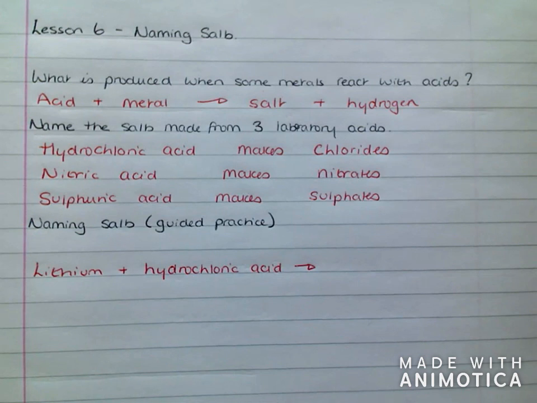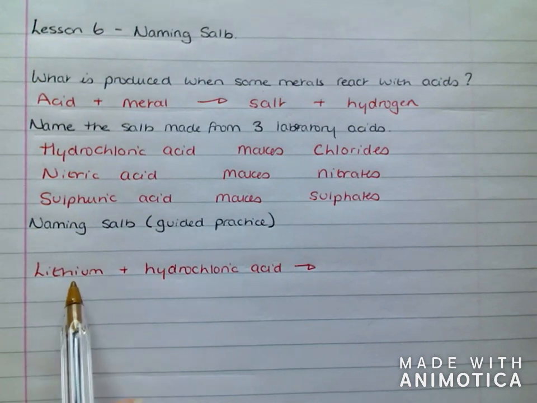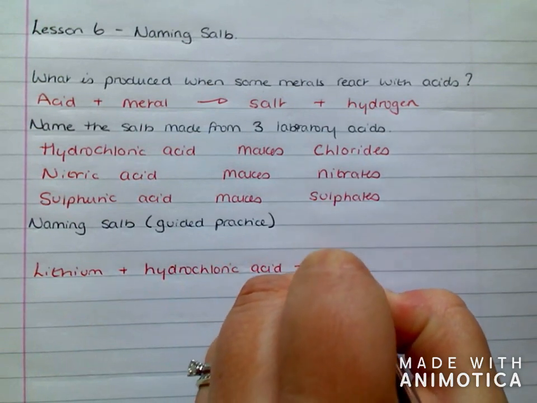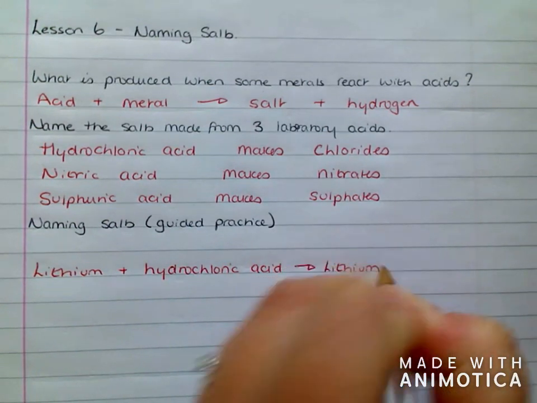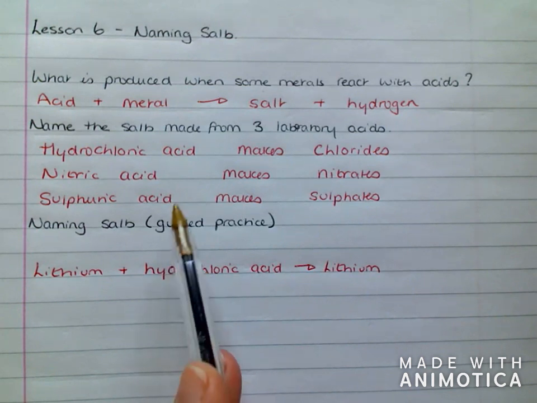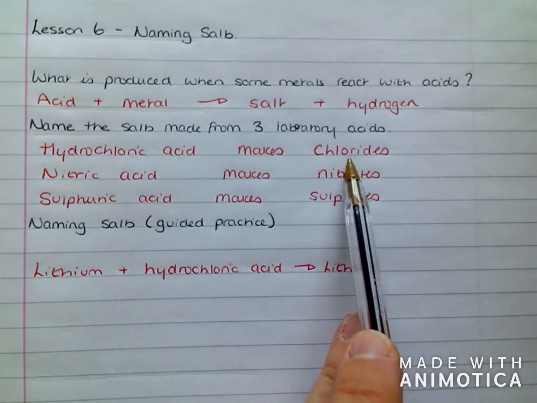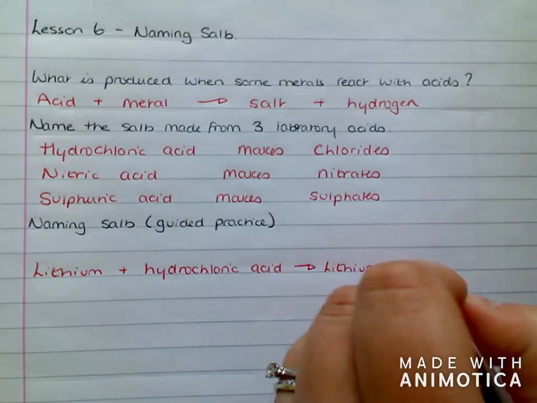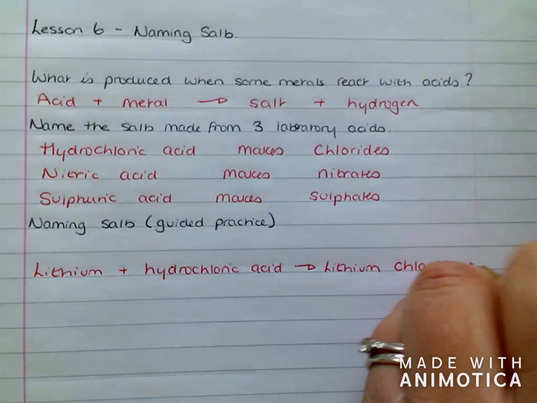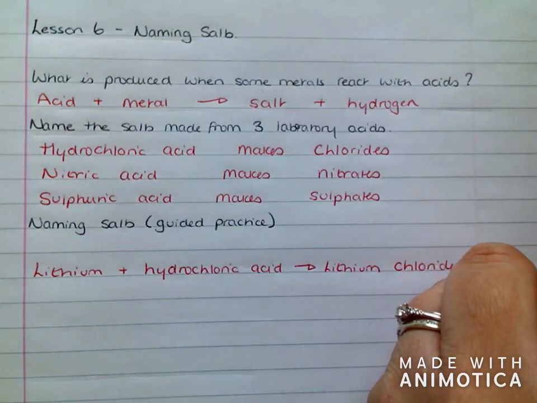But this time I've got to actually name the salt. Now, we always start with the name of the metal first, so it'll be lithium. And then I've made hydrochloric acid, so hydrochloric acid makes chlorides, so it'll become lithium chloride plus hydrogen.